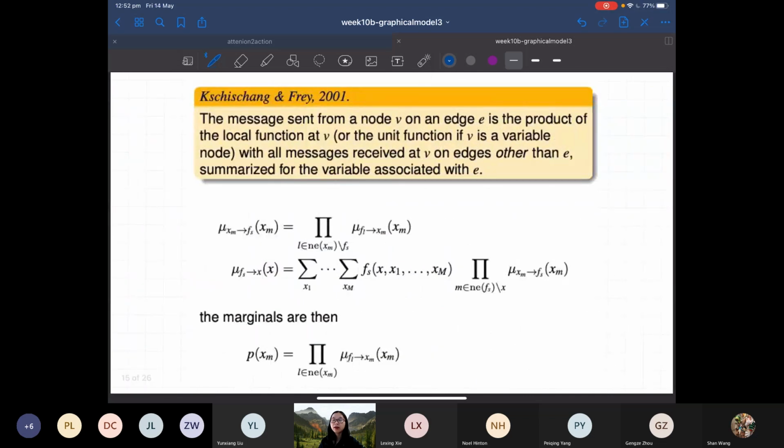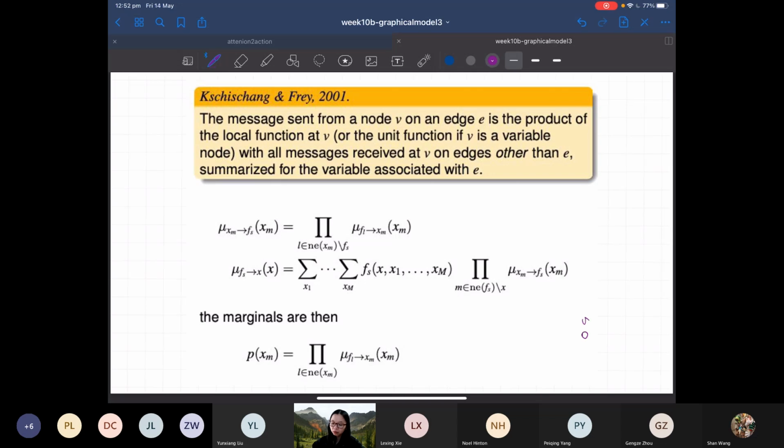Okay, so this is another general statement that's taken from Frey's original paper. What it basically says is that the marginal on a particular node is the product of the messages from its neighboring factors.